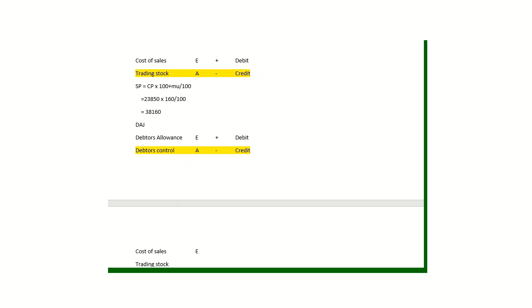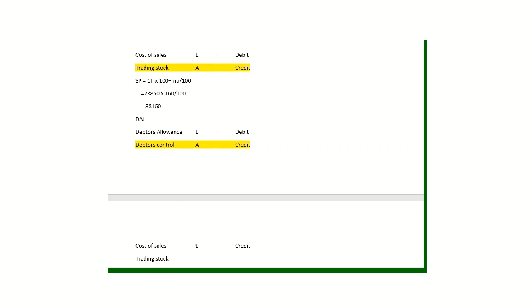Now it's coming back, so we're reversing it. So we're making our expense less on the credit side. Trading stock, we said, is an asset. He's returning some of the stock, so we get the stock back. So we'll have more stock. So asset increase on the debit side.